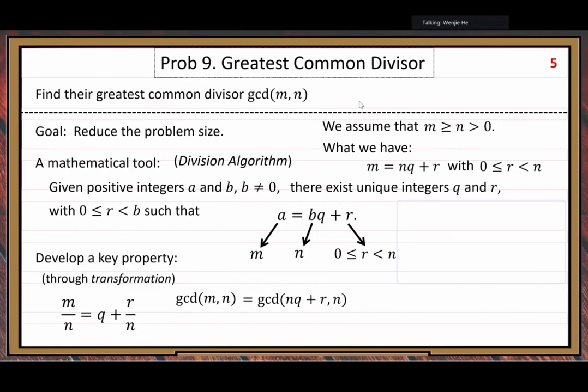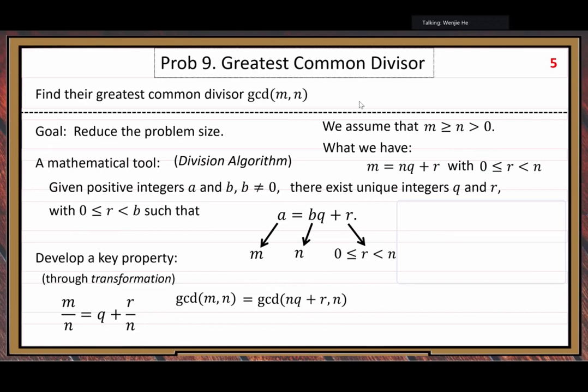The simple fact is, when we consider the common factor between m and n, does the q term make some impact on it? The q term has nothing to do with the common factor, right? Because it appears as an integer.